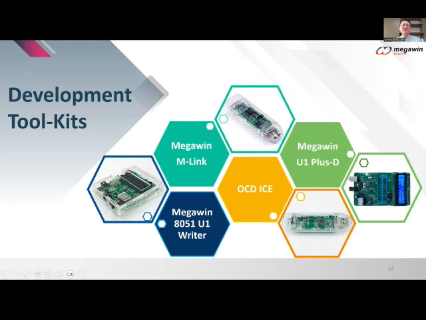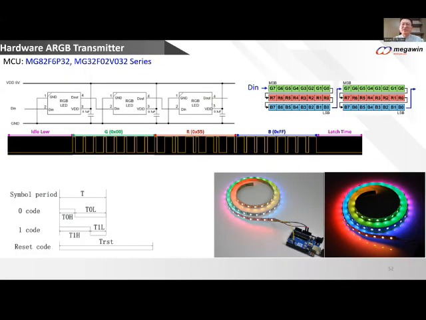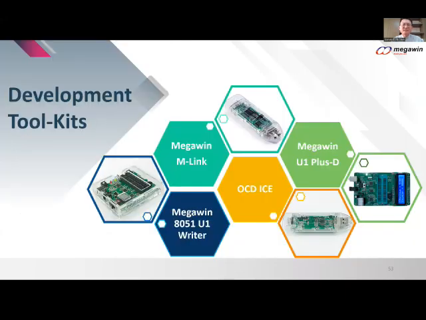Okay, so this is the feature introduction of our products. Okay, so we have different kinds of tools, like M-Link and the ICE and the U1 writer and the U1 plus D. You can use the U1 plus D for mass production, or you can use the M-Link to do the debug, or you can use the offline programmer for mass production in the production line.